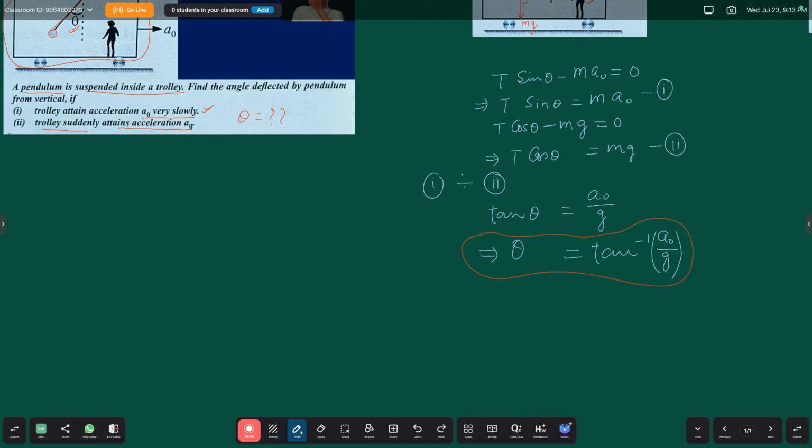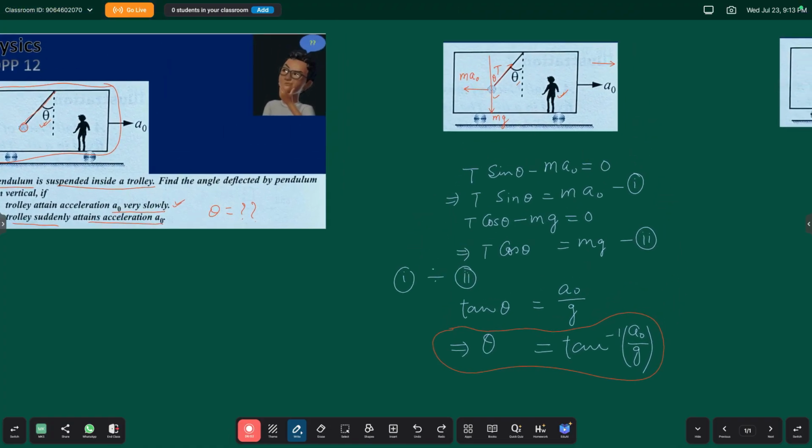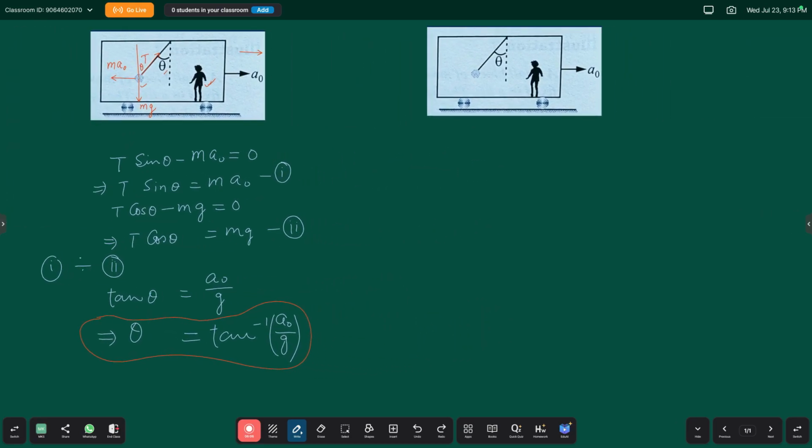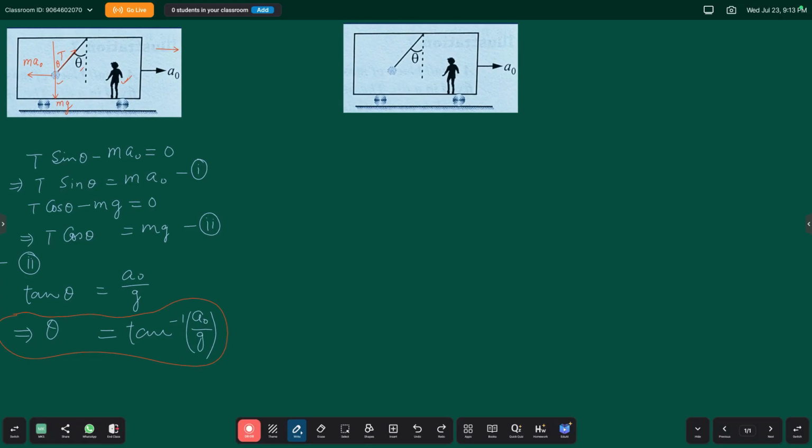Now let's jump to the second condition. When the trolley suddenly attains the acceleration a naught, what will happen in this condition?